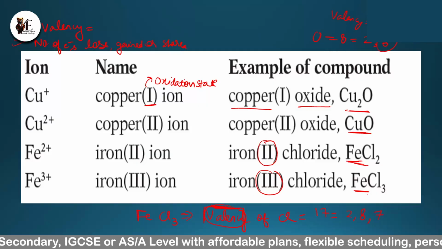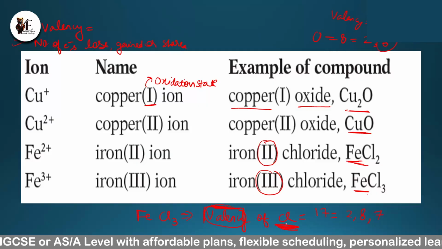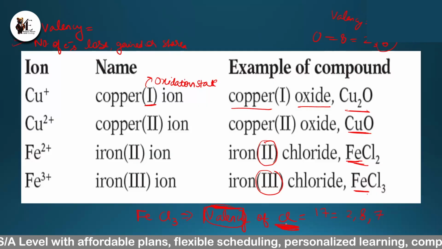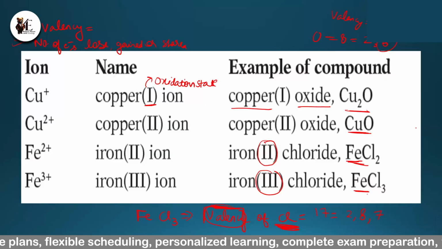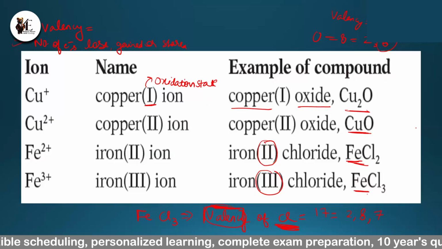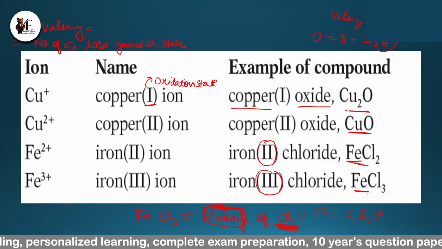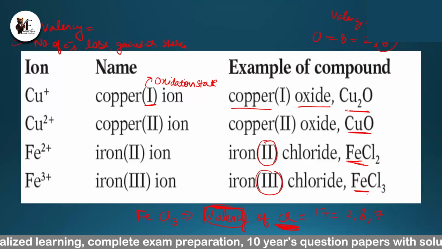Now tell me what should be the valency of chlorine? Number of electrons gained, lost, or shared?